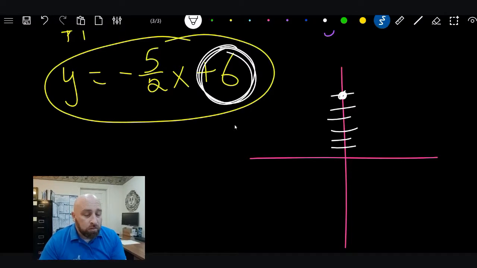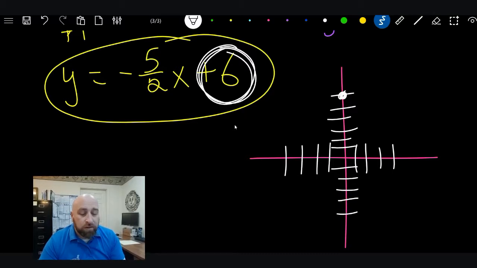I mean, you can go whichever way that you want to go here. But we're going negative, so we have to go either the numerator negative or the denominator negative. Typically, I go the numerator negative, so I'm going to go negative 5. That's the y. So 1, 2, 3, 4, 5, 1, 2. So there's our next point right there. And then we can go ahead and draw our line there.